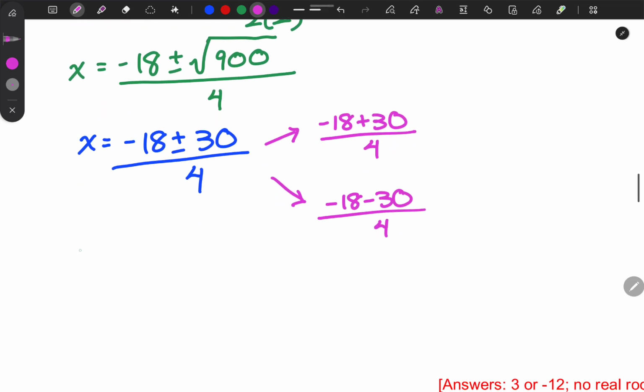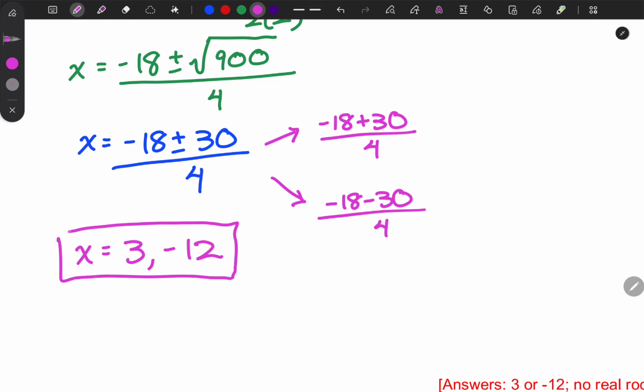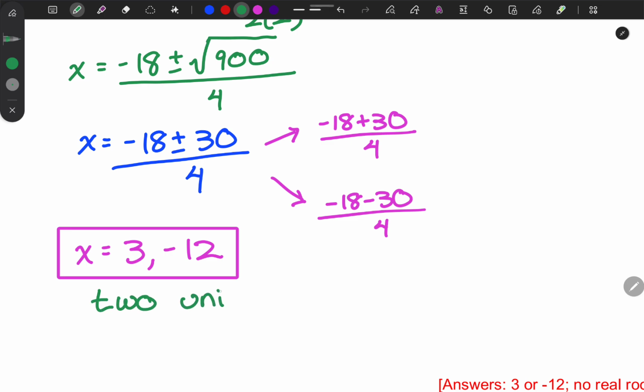Solving for each of these, and you don't really need to write them out separately. You can go straight into a solution. We get 12 over 4, which is 3, and negative 48 over 4, which is negative 12. And you can see by looking at these two roots that you definitely could have factored to solve this and it would have been a bit faster. Since we have two different answers, we have two unique real roots.